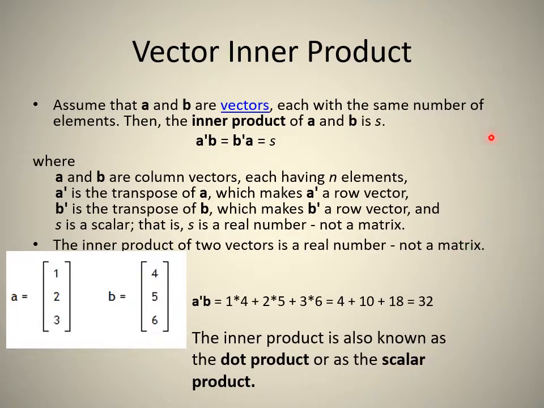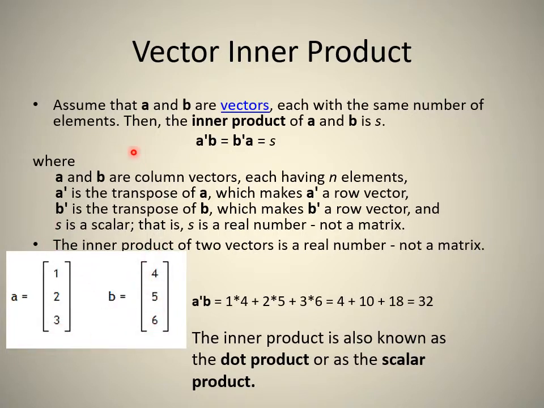This brings us to the first new term or calculation with matrices, and we call this the vector inner product. So if we have two vectors, remember a vector is a column or a row with numbers in it. It's a special type of matrix. So assume that we have two vectors, A and B, but they have the same number of elements. So let's say, like in this case, 3 elements in each.